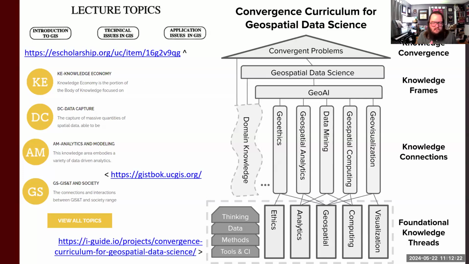So analytics and modeling, GIST and society, all topical areas where we engage with, where we work with. Then there's the convergence curriculum for geospatial data science on the right. Of course, that's an iGuide product, an updated version of, or an updated organization, let's say, of how all this knowledge works, how we cross paths, how we organize things together, from foundational knowledge threads to knowledge connections, so on and so forth.